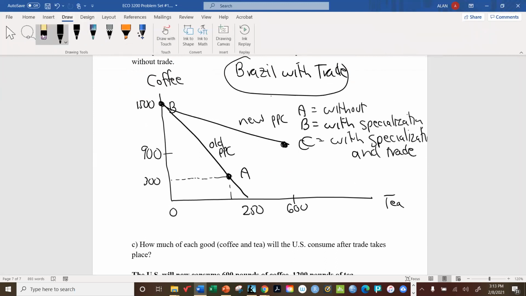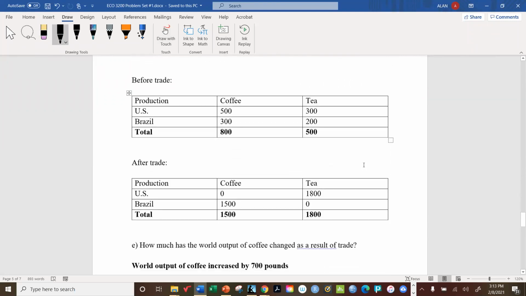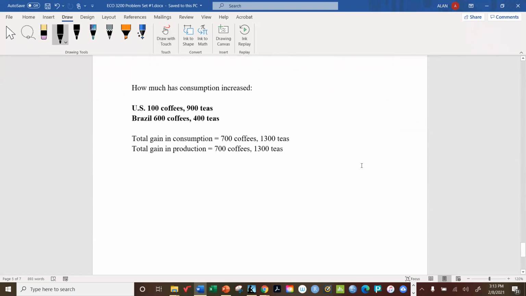Let's see. Okay, I think that's good enough. Everything should be there. All right, that should do it.